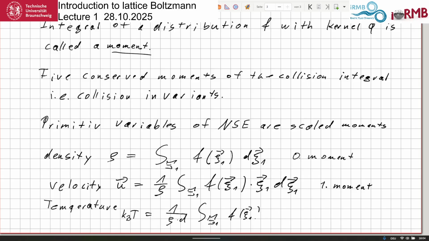Now things get a little bit annoying because we are talking about temperature. Temperature is the kinetic energy, but the part of the kinetic energy that you can measure in the centered frame of reference.